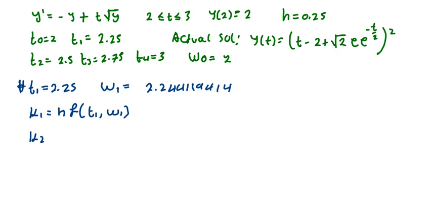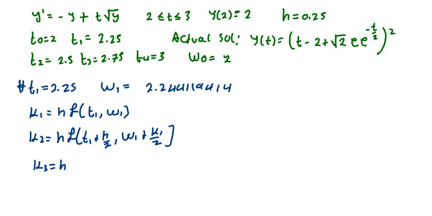So our k2 will be equal to h times f of, you are going to say t1 plus h over 2 comma w1, which is what we are dealing with, plus your k1 divided by 2. You continue in the same order.